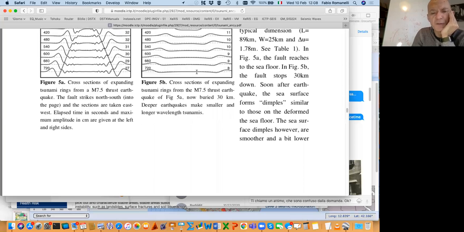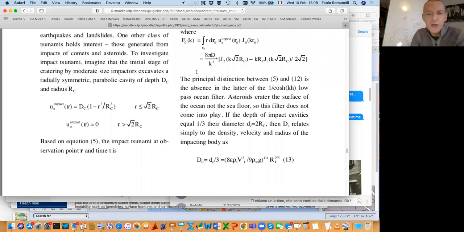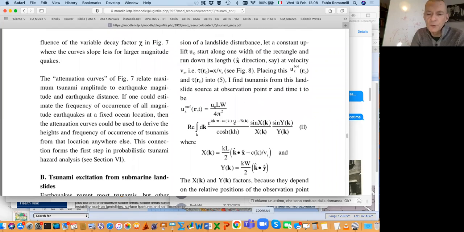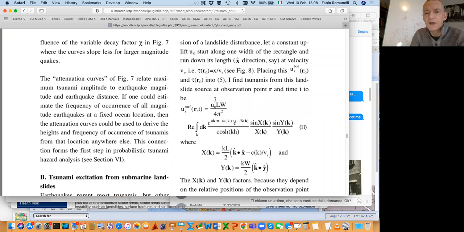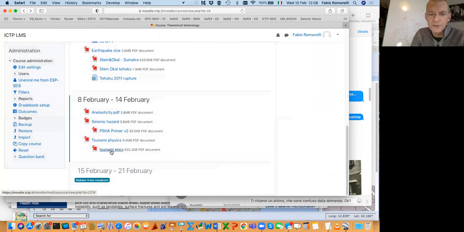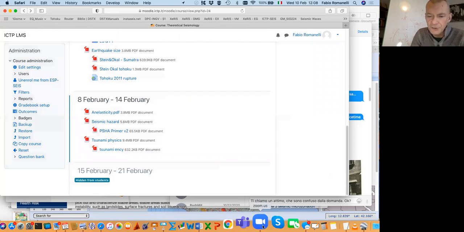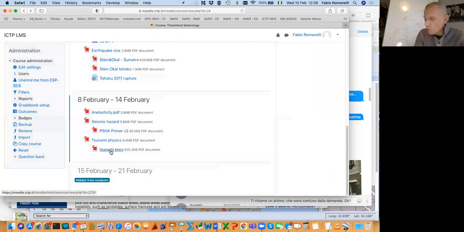So this is containing much more than what we are discussing here. Just if you want to go deeper along that way, you have the material on the Moodle website, just here, okay? So these are the slides that we are discussing, and this is the additional material that you can read. So you can call this your homework, not only for Friday, but also for the near future, if you want to deepen the matter of tsunamis.